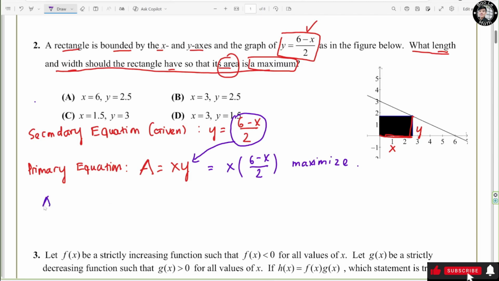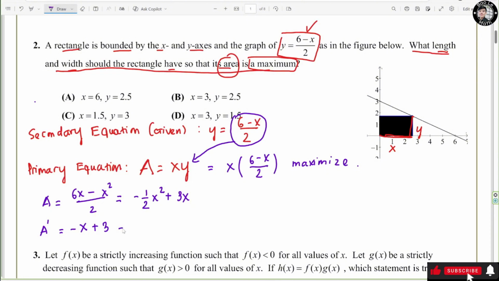So A equals 6x minus x squared over 2, right? Now we're going to simplify this one. So I'm going to write this as negative 1 over 2 x squared plus 3x, right? And then I'm going to take the derivative of this one, right? So it would be negative x plus 3, right?